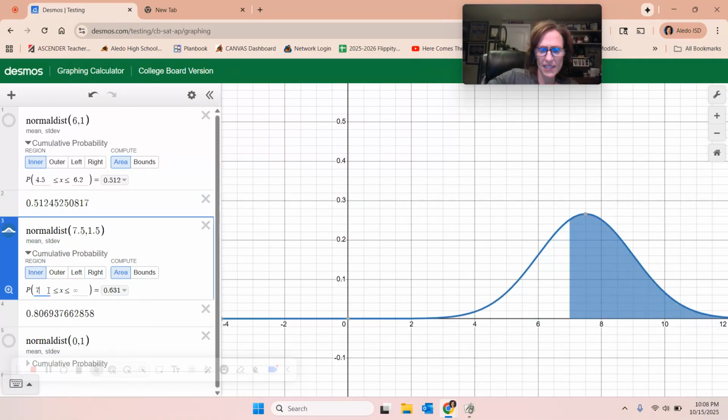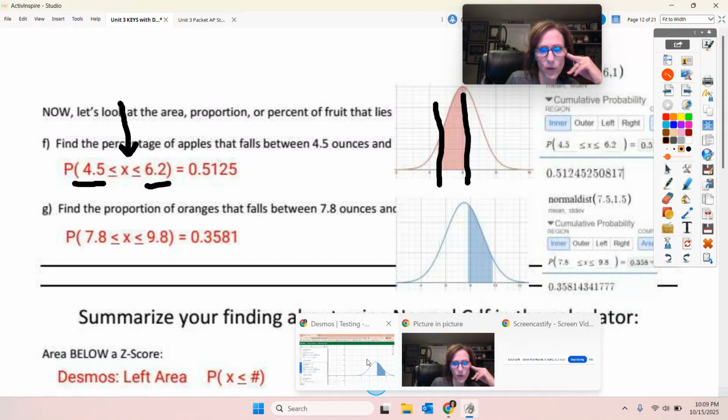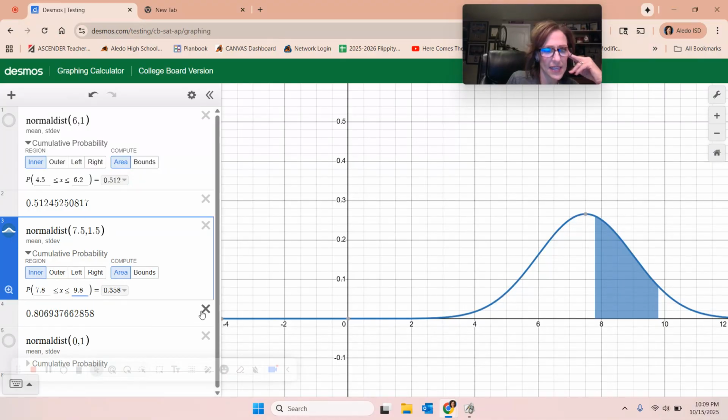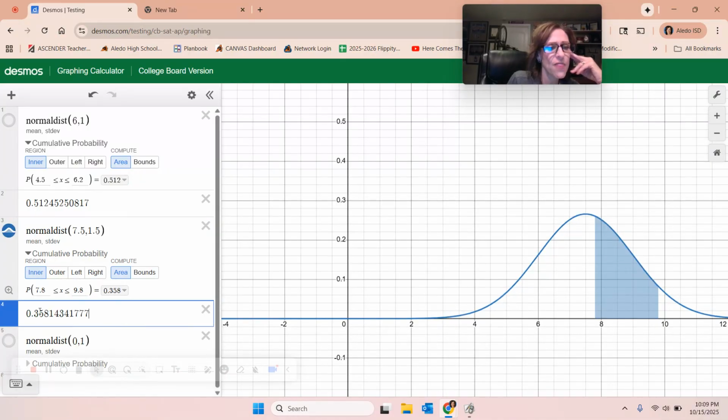Was it 7.8 to 9.8? Let me double check that. And yep, 7.8 to 9.8. So what proportion of oranges are in that area? 35.81% of oranges weigh between 7.8 and 9.8 ounces.